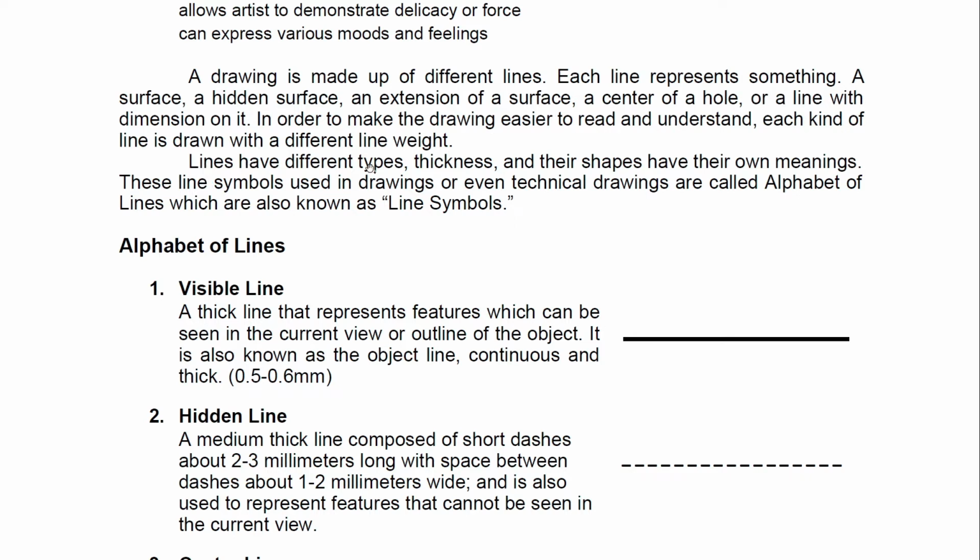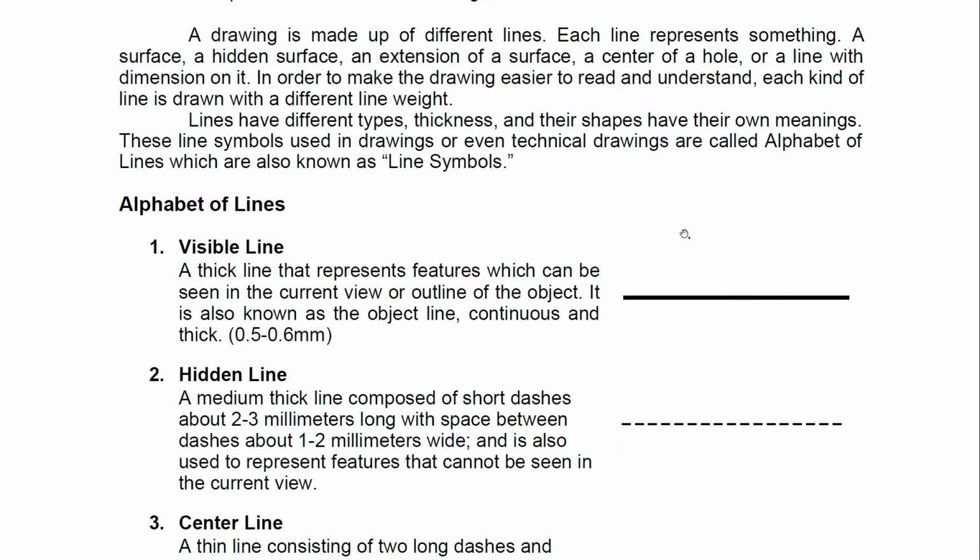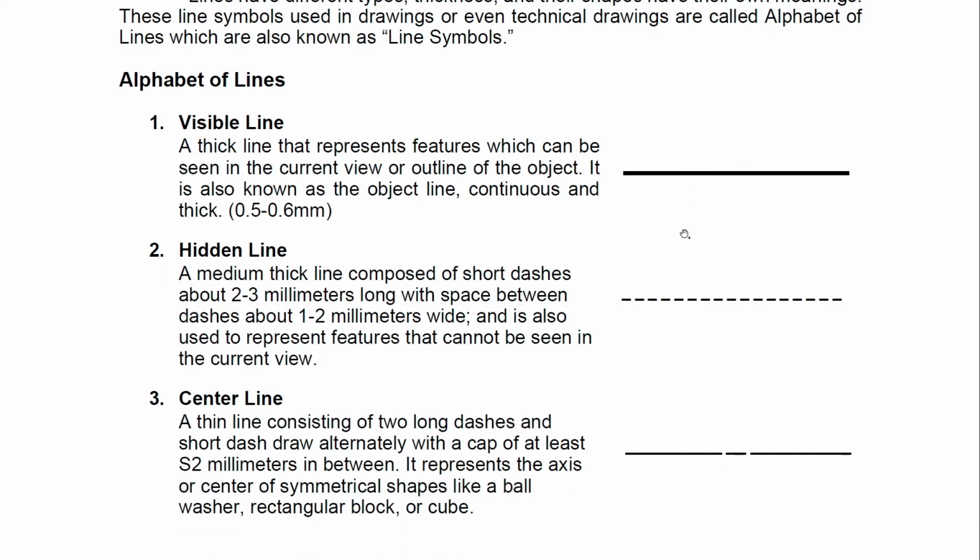Lines have different types, thickness, and their shapes have their own meanings. These line symbols used in drawings or even technical drawings are called the alphabet of lines, which are also known as line symbols. So here are the different alphabets of lines.